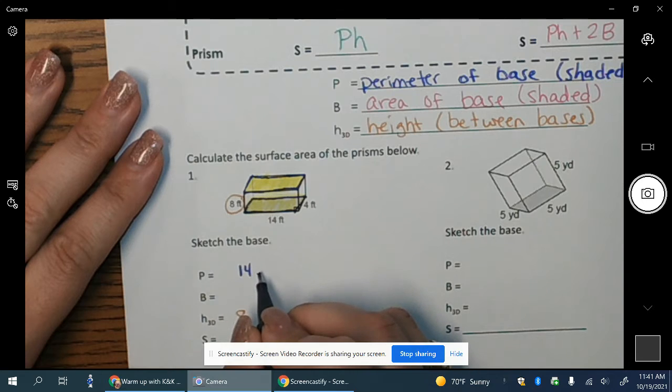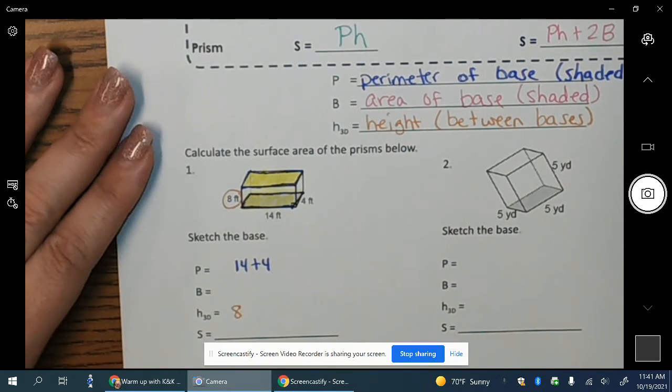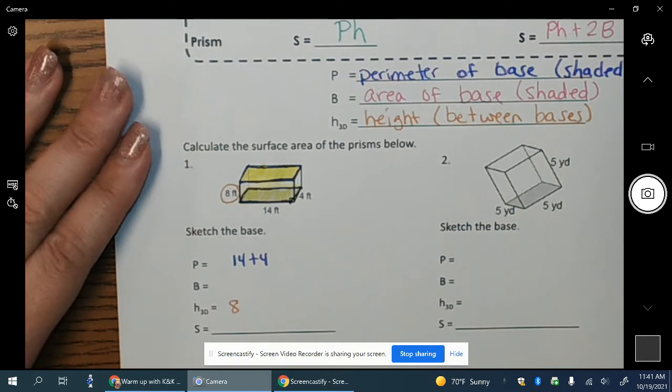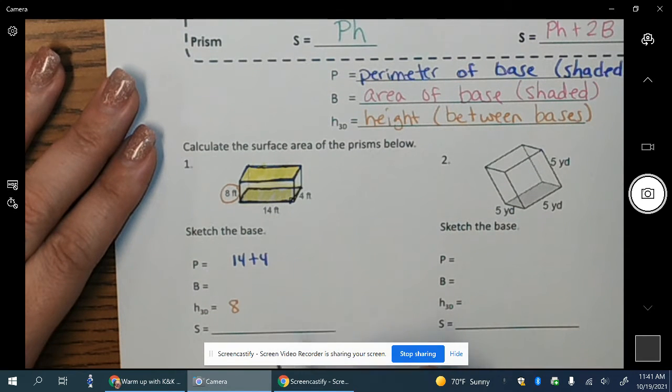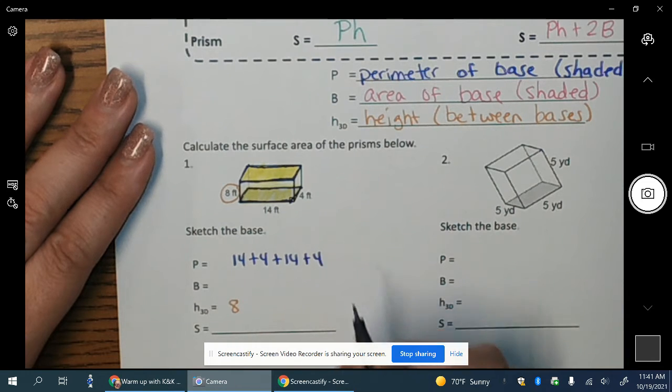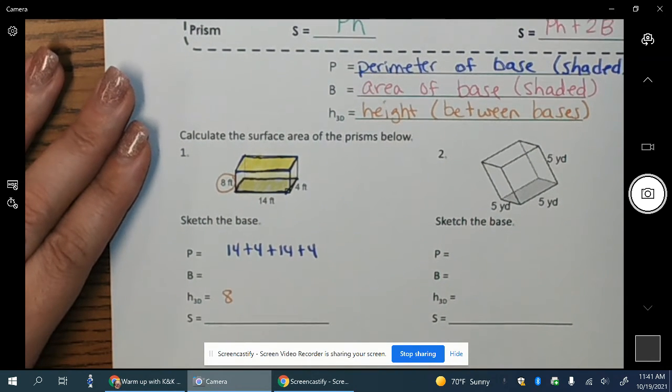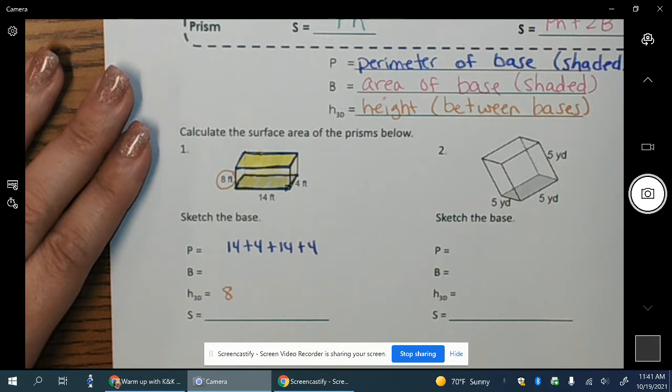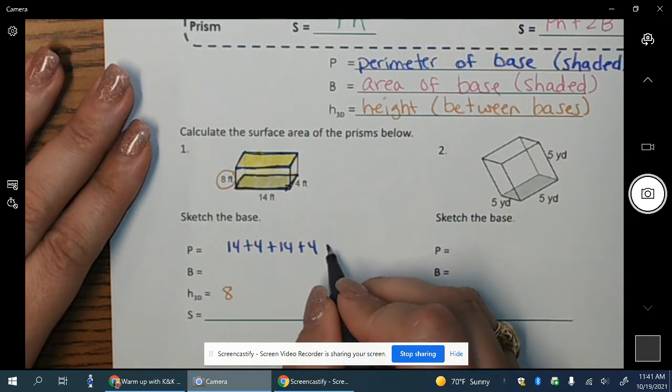14 and 4. But perimeter says I have 4 sides. So it's 14 plus 4, and then what? So you can do again 14 plus 4. If you want to just do 14 plus 4 times 2, that's fine as well. Okay, so what does the perimeter equal?